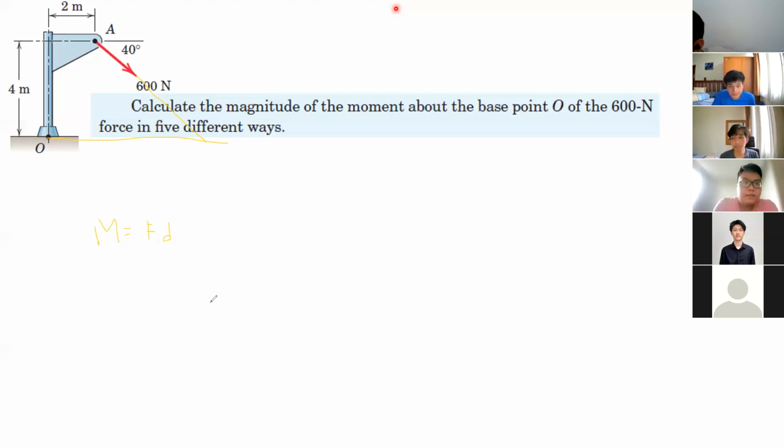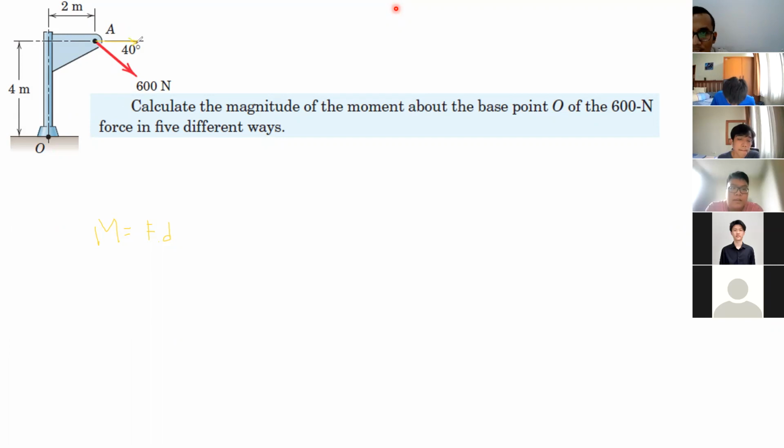So the force, we multiply by cos 40 and then just times the distance, which is 2 square root of 5. You mean like this? You try to find the horizontal component of the force.